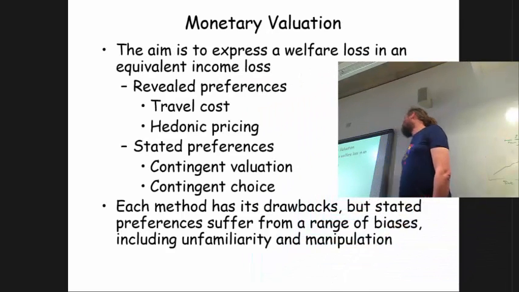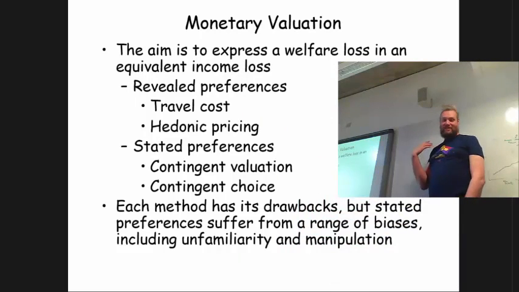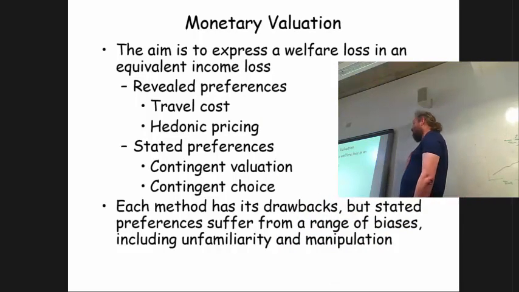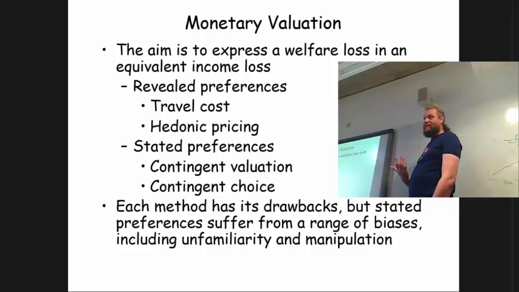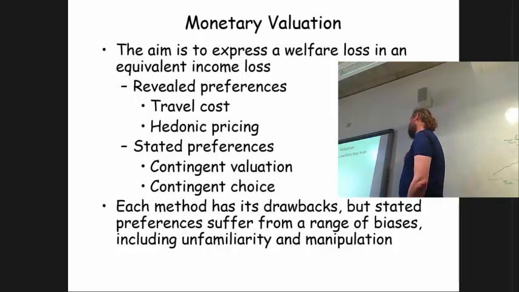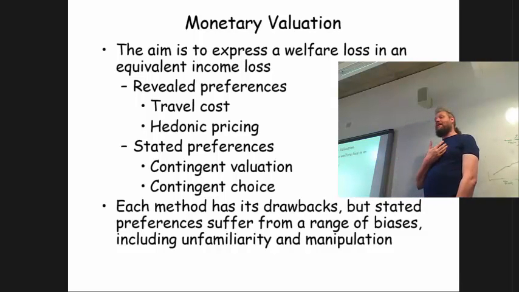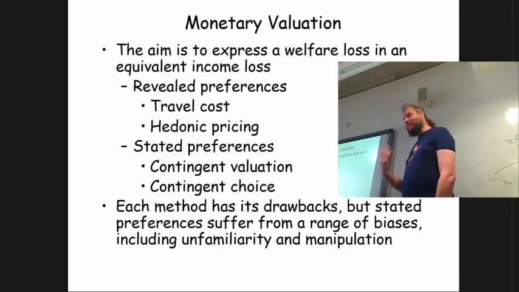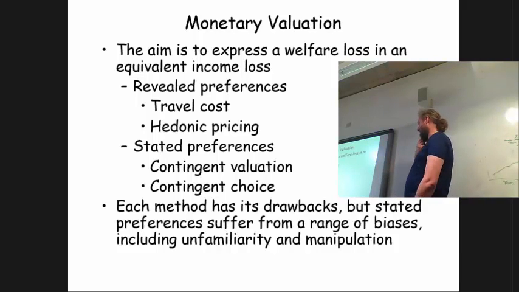So last term George talked about these methods. There are revealed preference methods, which are fairly robust but fairly limited in their scope, in the sense that they can only assess direct consumption values of things. And then there are the stated preference methods like contingent valuation and contingent choice, which can be applied much more widely. They can be used to assess existence values and bequest values and option values and what have you.